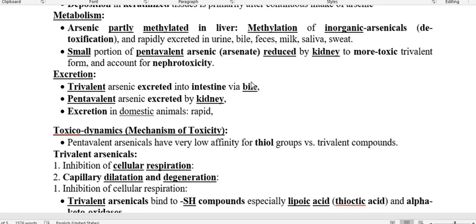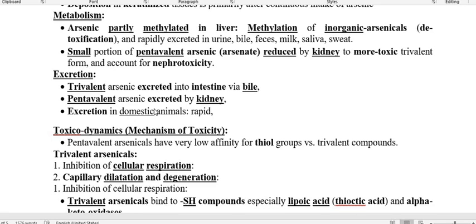It comes through the intestine into the bile and is excreted through the GI tract in the feces. And pentavalent arsenic, both organic and inorganic, is excreted by the kidney. This is mainly the case, and excretion in domestic animals is rather faster than in human beings. So this is about the toxicokinetics.